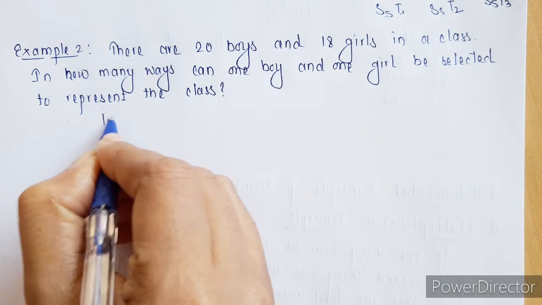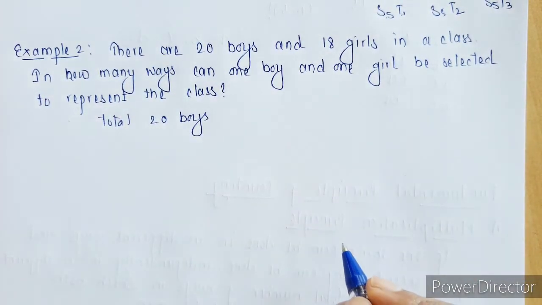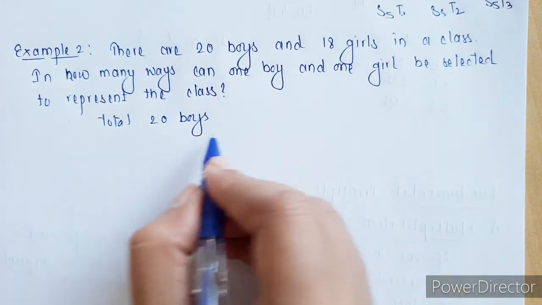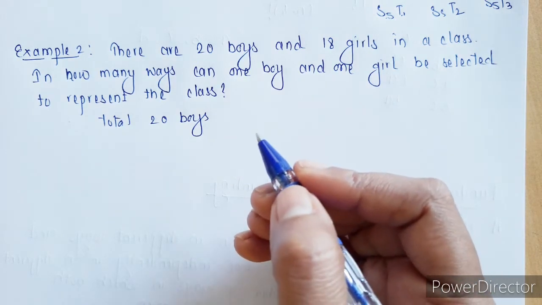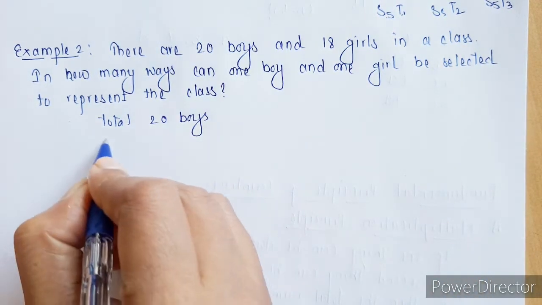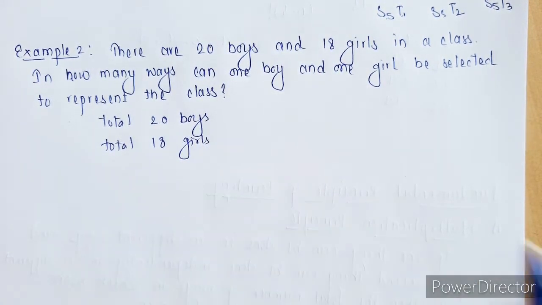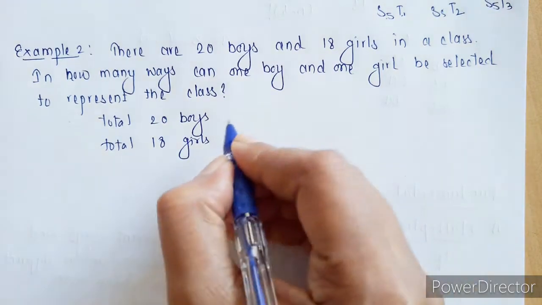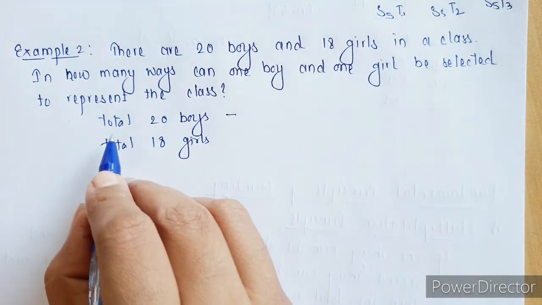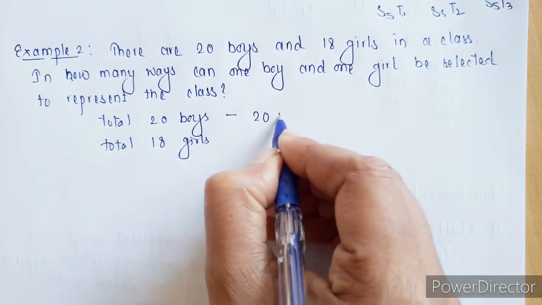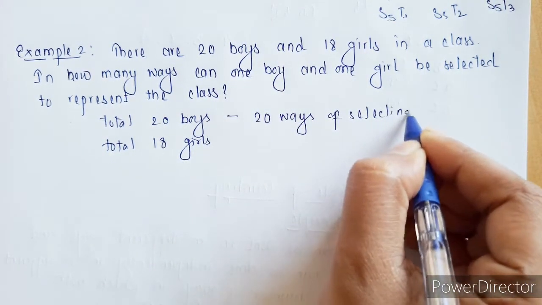So we have total 20 boys, right? So we can select any one of the 20. So we have total 20 different ways we can select any one boy, right? And there are total 18 girls. Since we have 20 boys, there are 20 ways of selecting a boy.